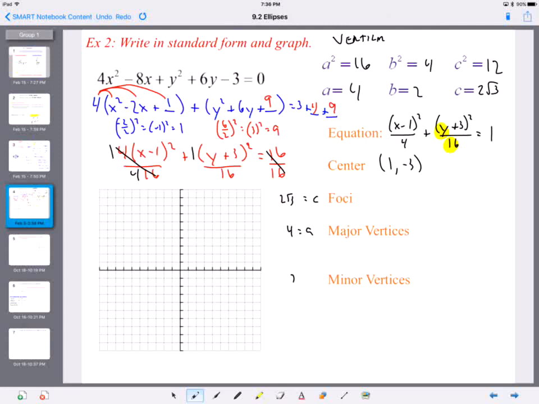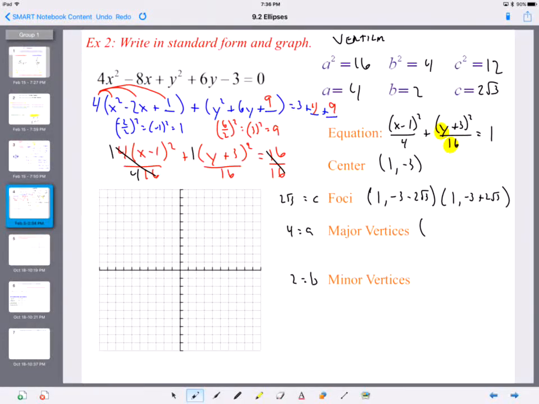The minor is the b value, and that's 2. So you're changing on this one, the foci, you're changing the y value, so it'd be 1 comma negative 3 minus 2 square roots of 3, and 1 comma negative 3 plus 2 square roots of 3.